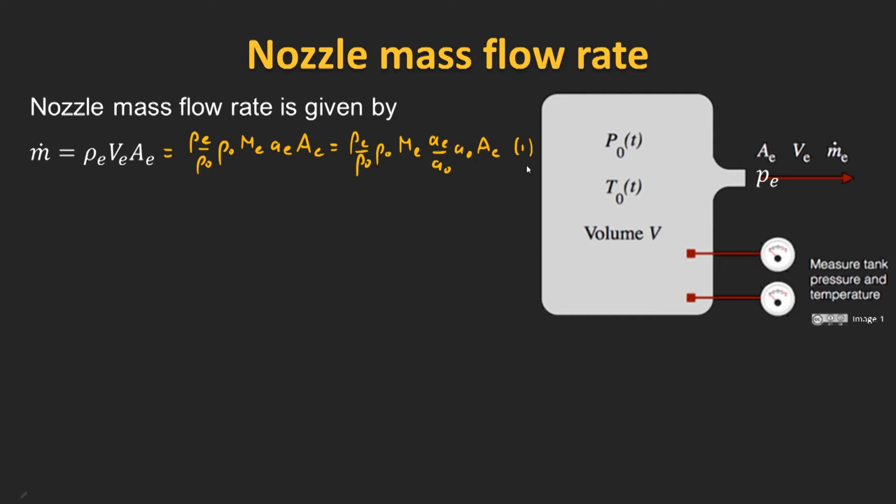and we'll label this equation 1. Now for an isentropic flow, the stagnation pressure is constant, so the ratio of our exit stagnation to static pressure is going to be equal to 1 plus gamma minus 1 over 2 times the exit Mach number squared to the power of gamma over gamma minus 1.